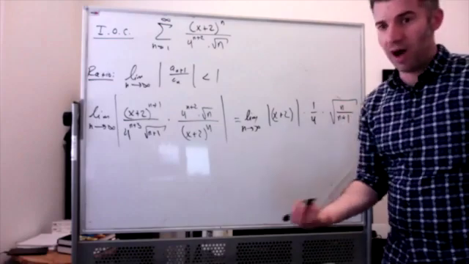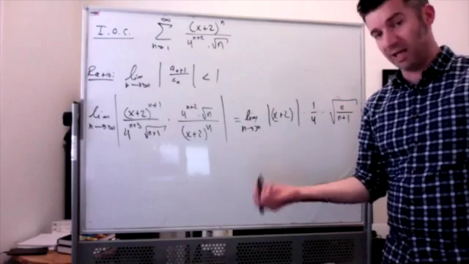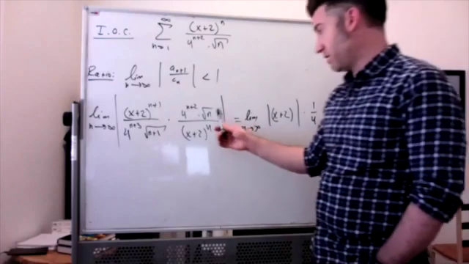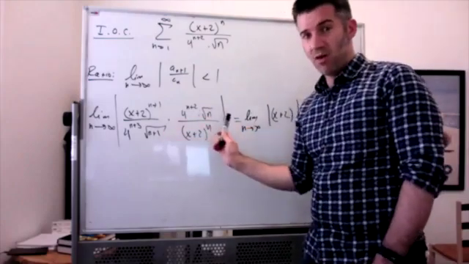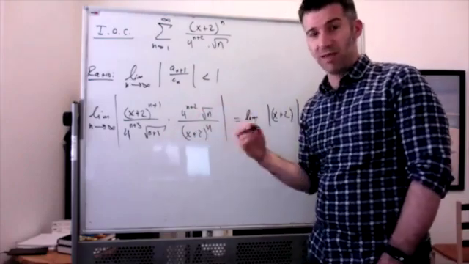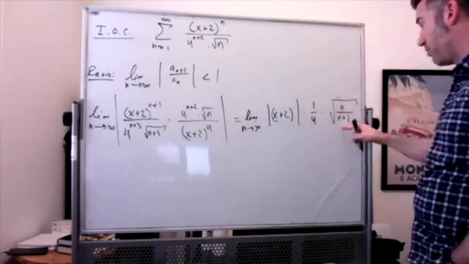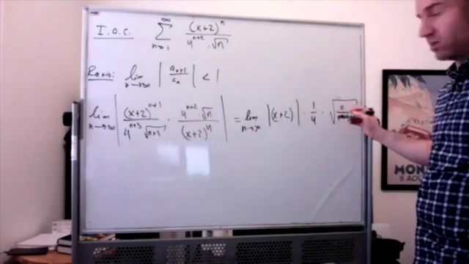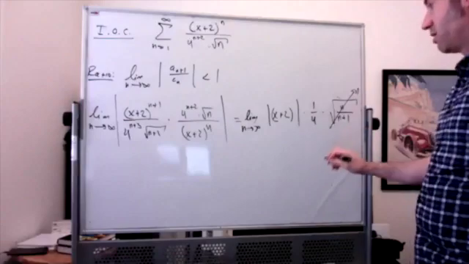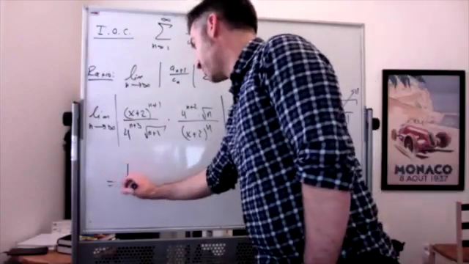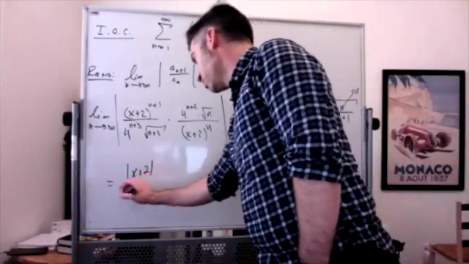As you will often see with ratio test problems, powers of n when you put them together almost always have a limit of 1. N over n plus 1 goes to 1, and the square root of 1 is 1. So you're going to get the absolute value of x plus 2 divided by 4.